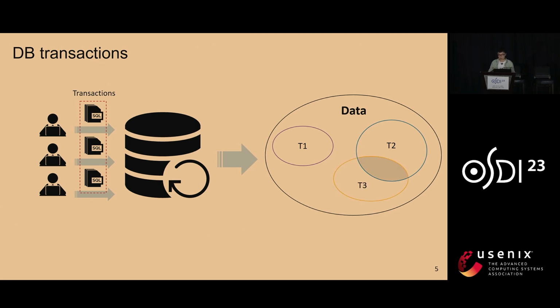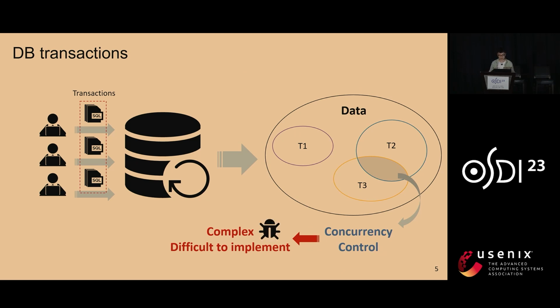However, when two transactions are processing the same data, to get the correct result the database engine should very carefully control the transaction execution using a concurrency control mechanism like multi-version concurrency control or two-phase locking. This part is very complex and very difficult for a developer to implement correctly because it involves concurrency. So bugs are easily introduced here.